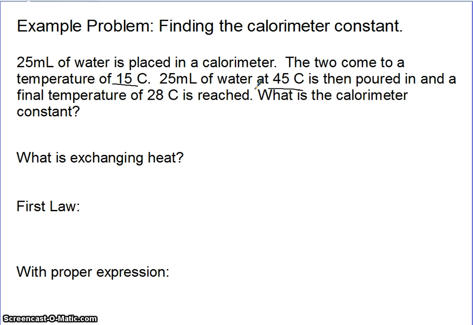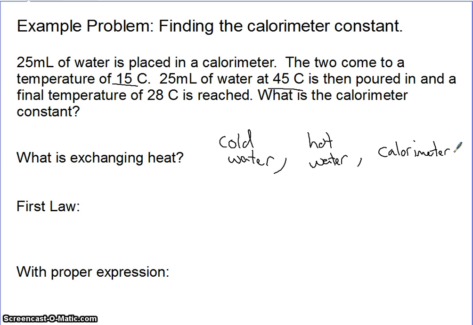However, the cup, the calorimeter that cold water was sitting in, is going to take some of the hot water's heat also. So when I look at what's exchanging heat, I've got cold water exchanging heat, hot water exchanging heat, and the calorimeter exchanging heat. Once I figure out what's exchanging heat, now I write the first law.